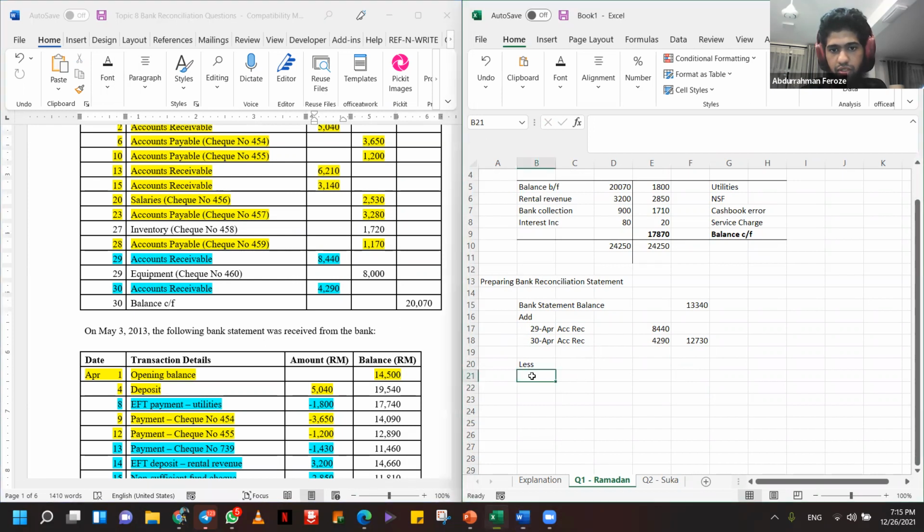And then what needs to be reduced, less, is these two. So we have on 27 April, we have check 458, right? This is, how much? This is 1,720, right? And then we have on 29th April, we have check 460, which is 8,000.